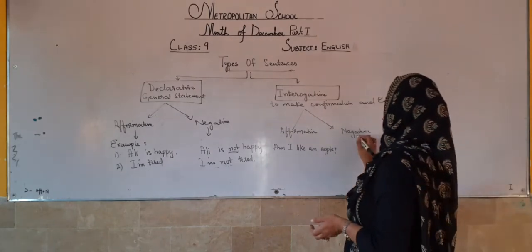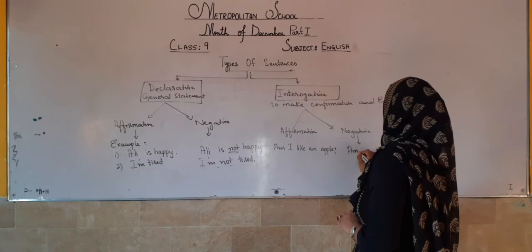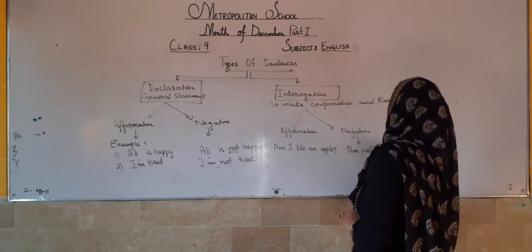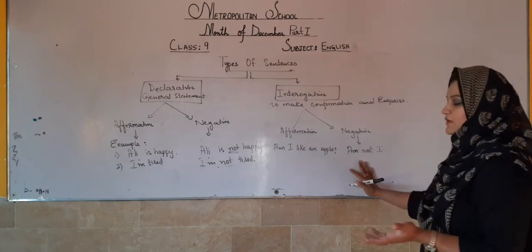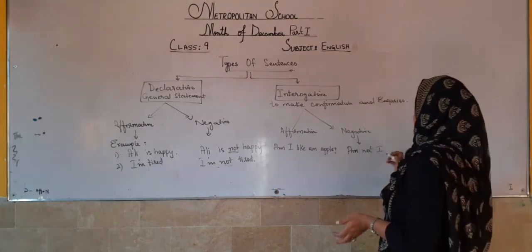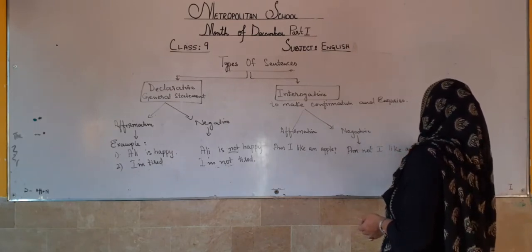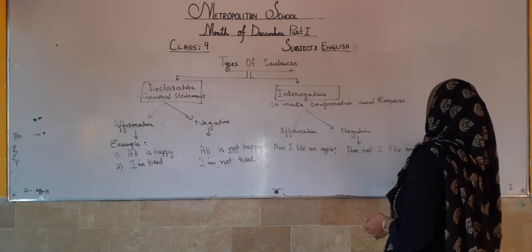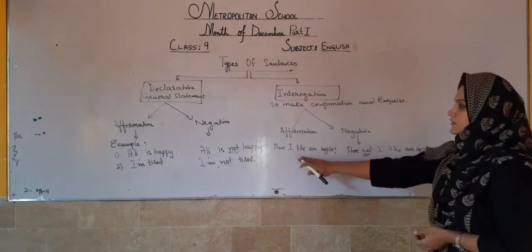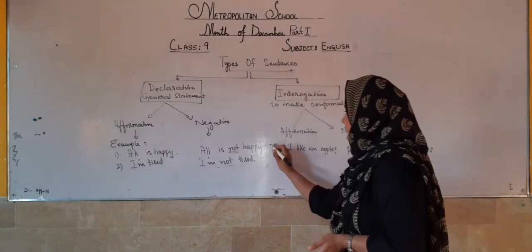If you are going to write it into negative, how will you write? I am not going to use contraction because some students got confused in the contractions. Am not I like an apple? I have added not here, in the question. I am going to take a second example for you.